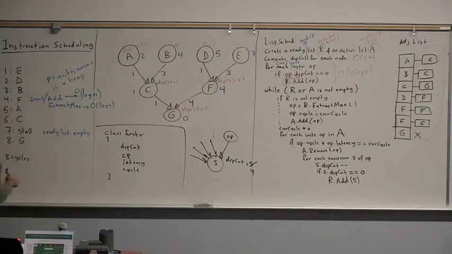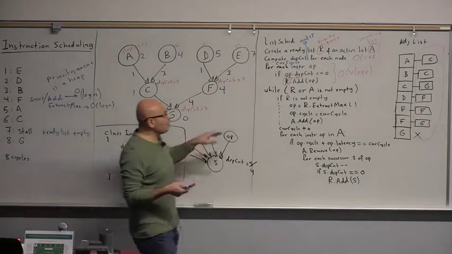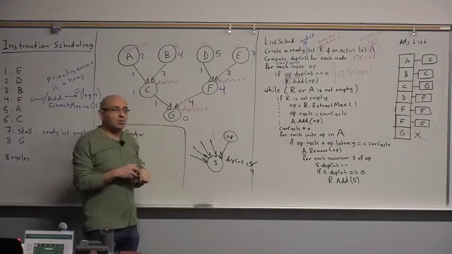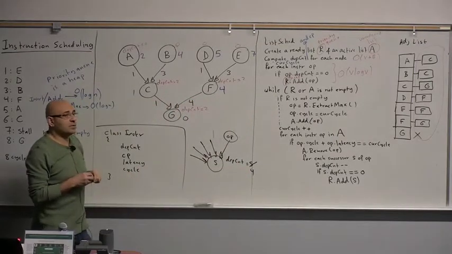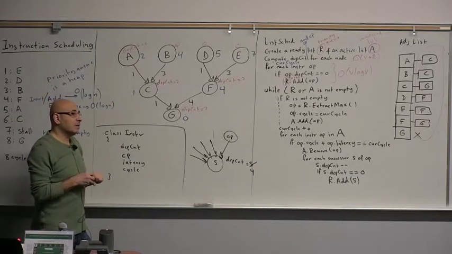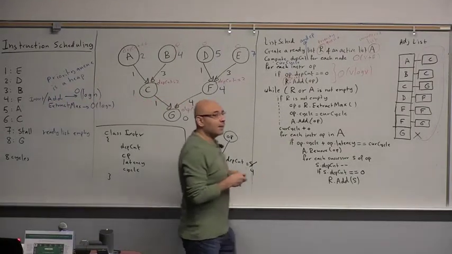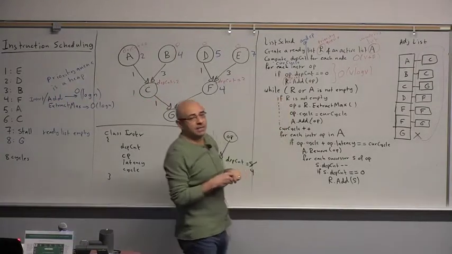In this example, it's more than V, because there are stalls. In fact, it's V. If you want to come up with an upper bound on the number of executions of this loop, how would you compute it? Just find the biggest latency and multiply it by the number of operations.